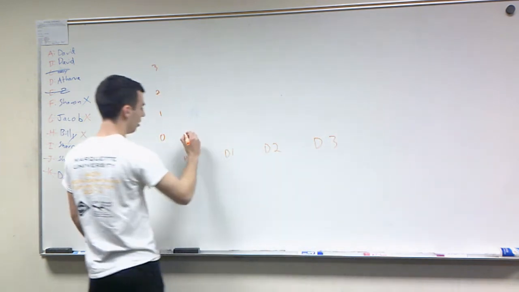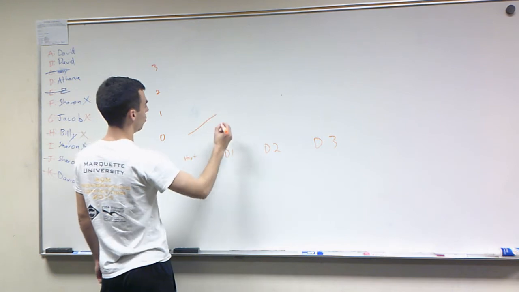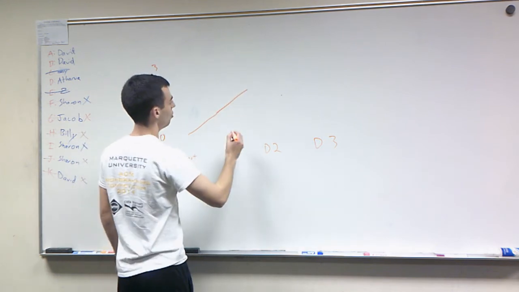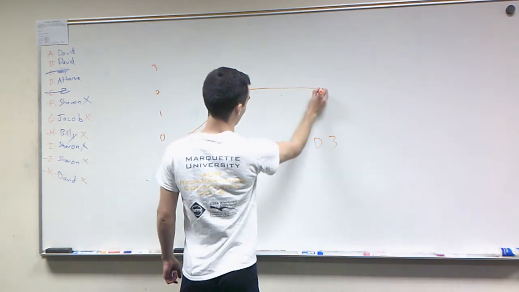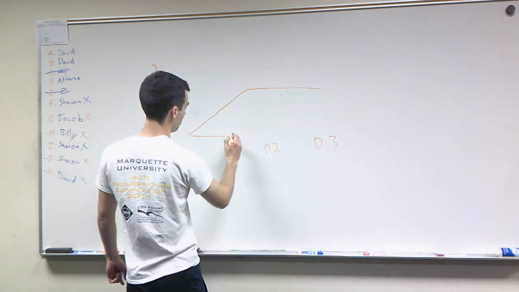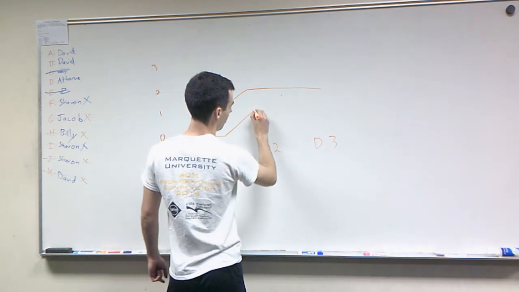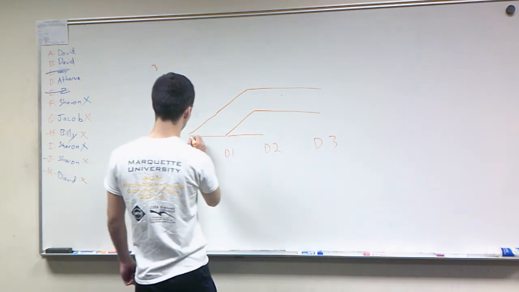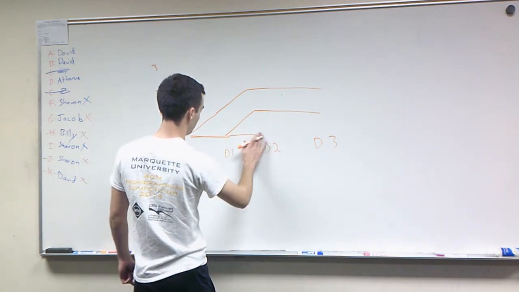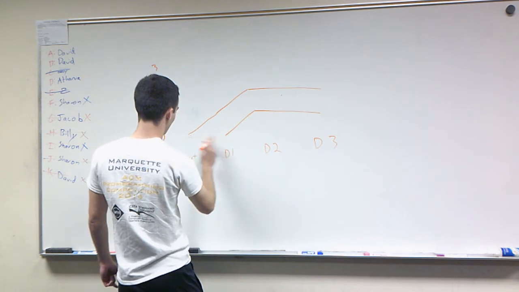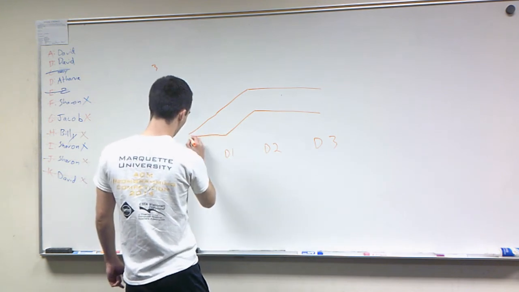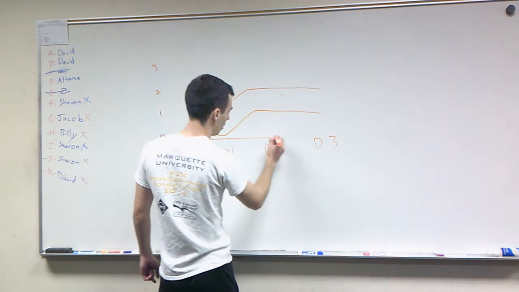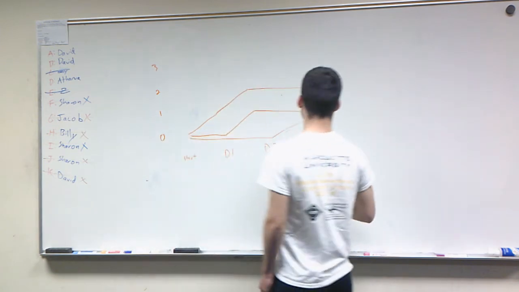Initially, maybe you have someone who gets a point on day 1, they get a point on day 2, and they don't get anything on day 3. Somebody else maybe gets points like that, and some third person gets points like that.